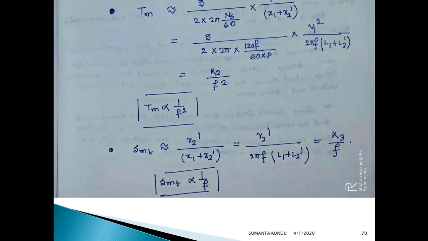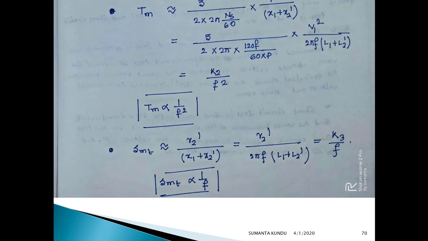Now if we neglect the stator drop, that is I1 into (R1 plus jX1), we can say V1 is closely proportional to E1, the induced EMF in the stator.